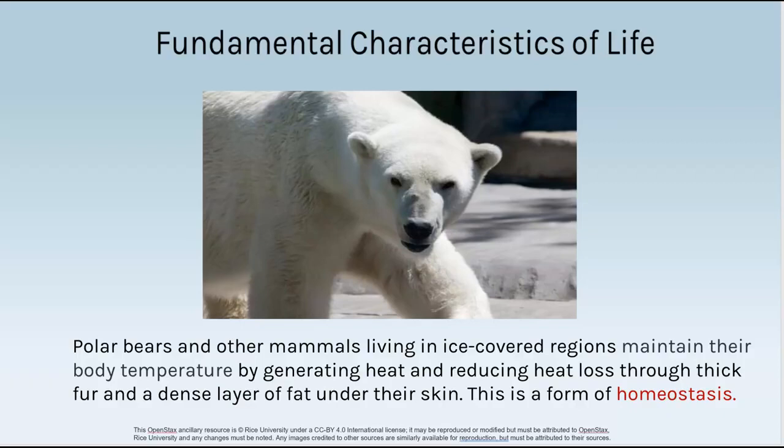Every organism can respond to its environment. That is the second characteristic of life. Plants, bacteria, single-celled organisms, they can all respond to their environment. The third characteristic of life is that all organisms have their genes encoded in DNA. And that is because we come from a common ancestor.